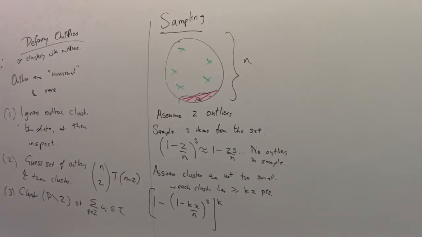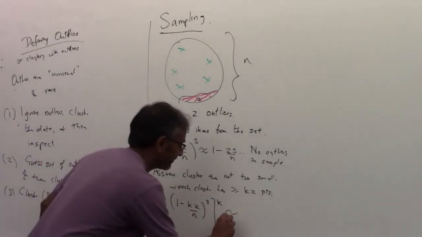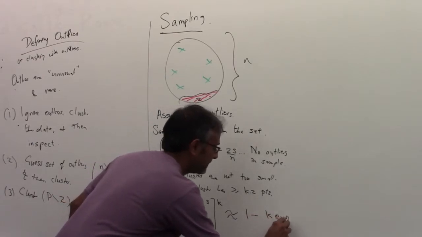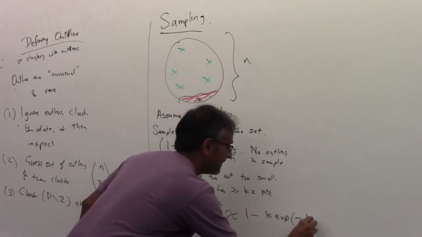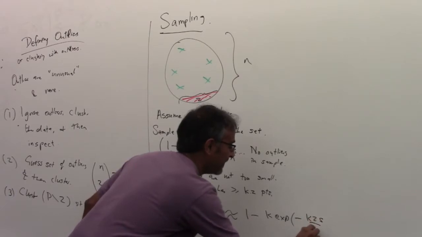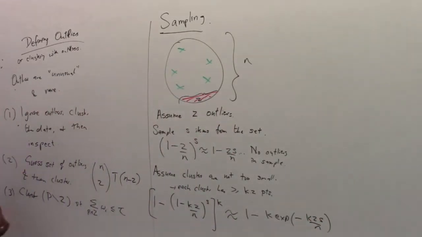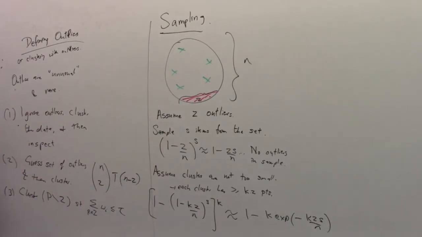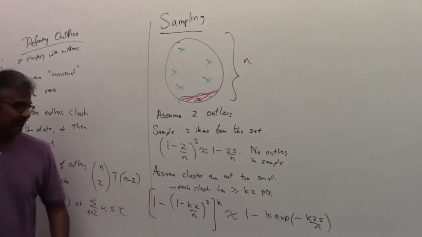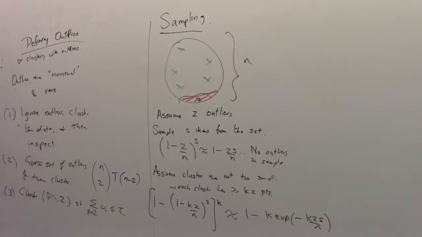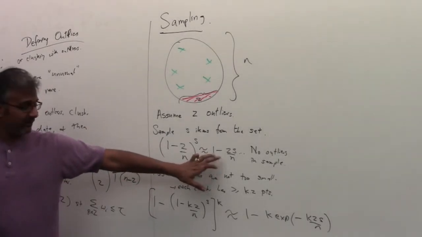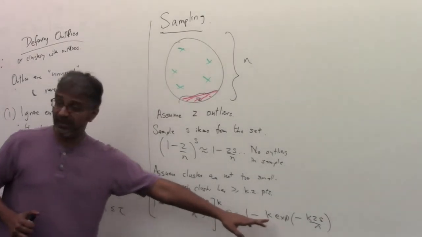This basically works out to something like 1 minus k times an exponential in minus kzs over n. Again, you do the usual 1 plus x is e to the x tricks, and you can do this whole thing. So we want this probability to be high. We want this probability to be high at the same time.